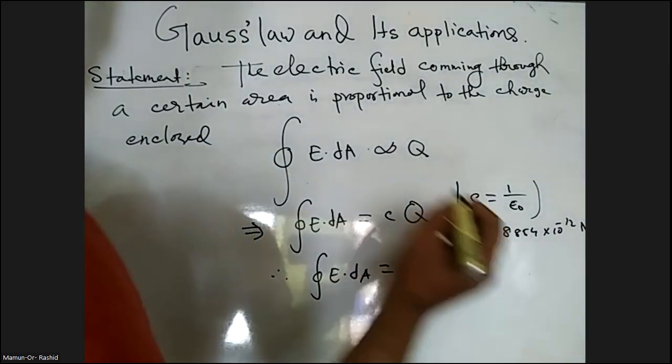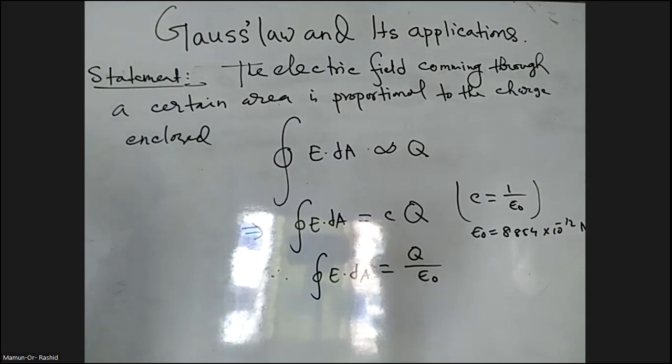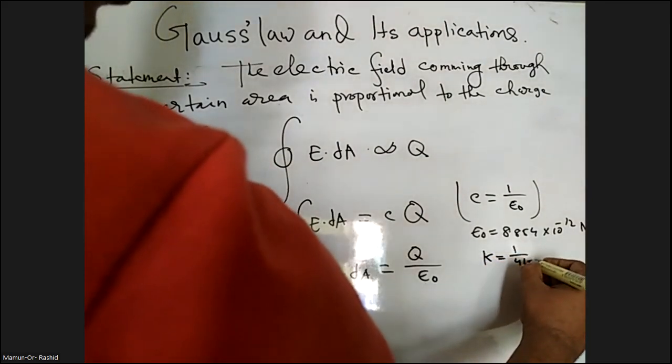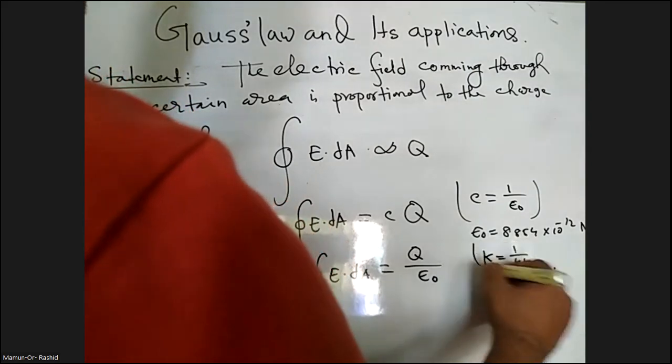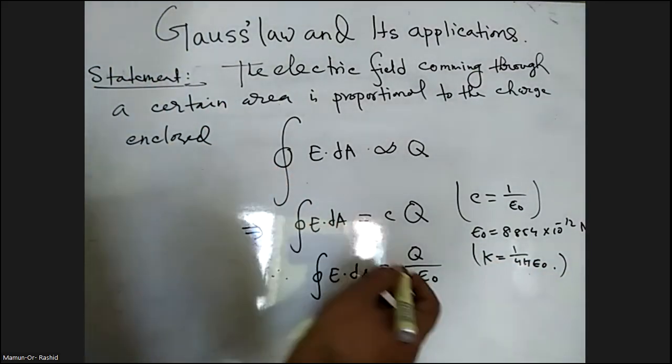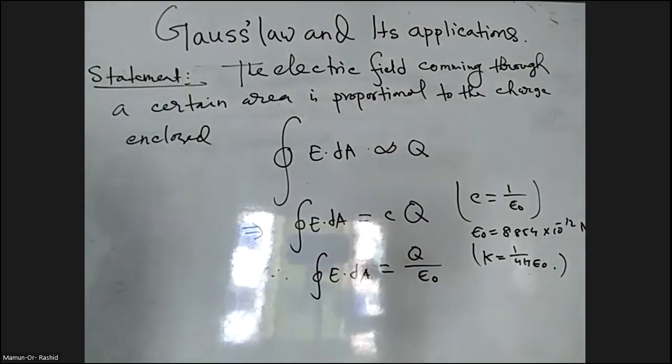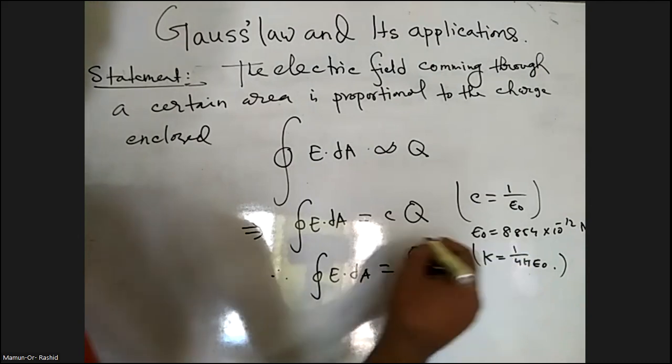And we also know another constant, the Coulomb constant, k equals 1 by 4 pi epsilon naught. So we can write epsilon naught in terms of Coulomb's law.